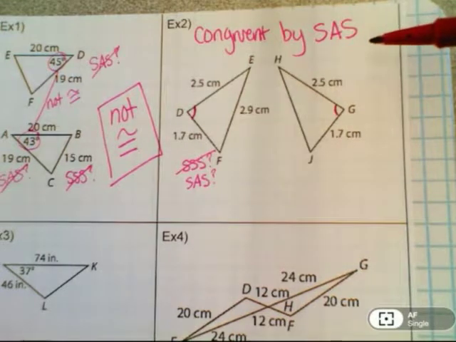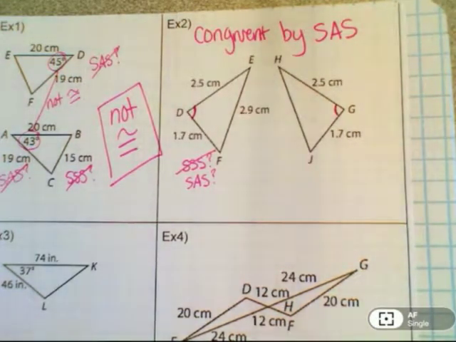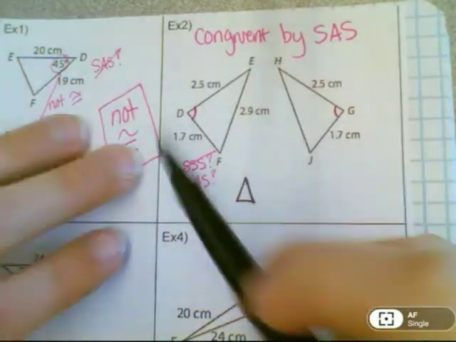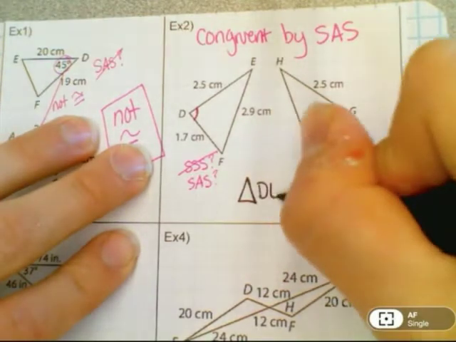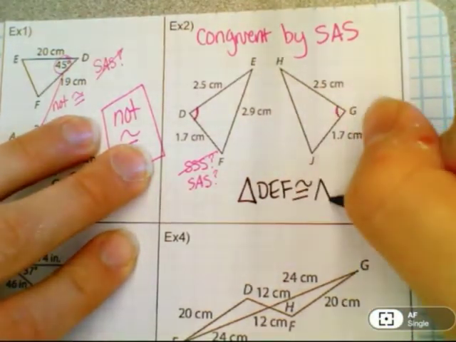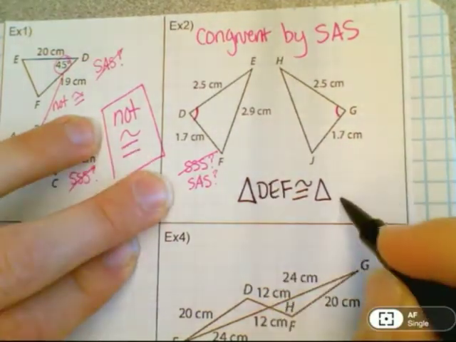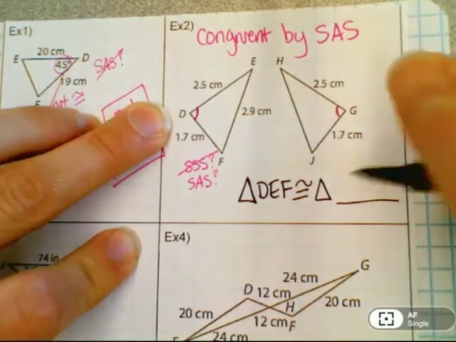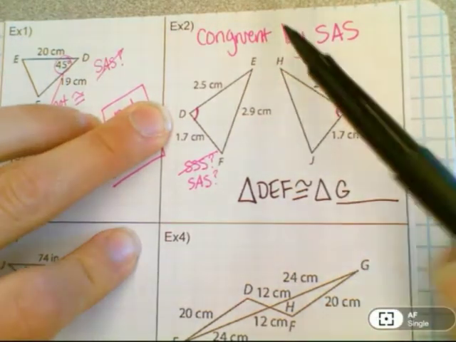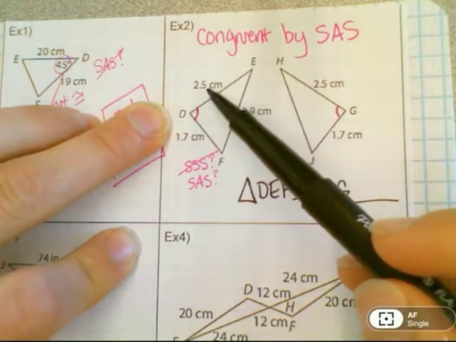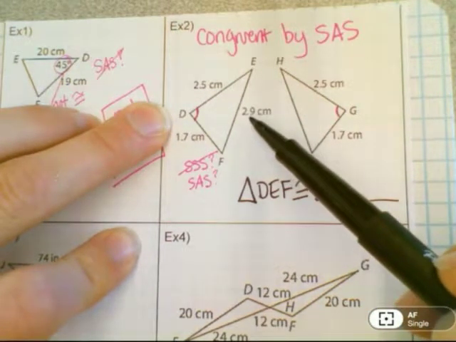And then we need to do one more thing, which is write our triangle congruent statement. The way you do that is you start with your first triangle and you write it in any order. I'll say D, E, F is congruent to triangle, and then you just need to make sure you match them up. So D is marked with one loop, and so is G. E, the way I'm going to figure this out is E is between the 2.5 and 2.9.